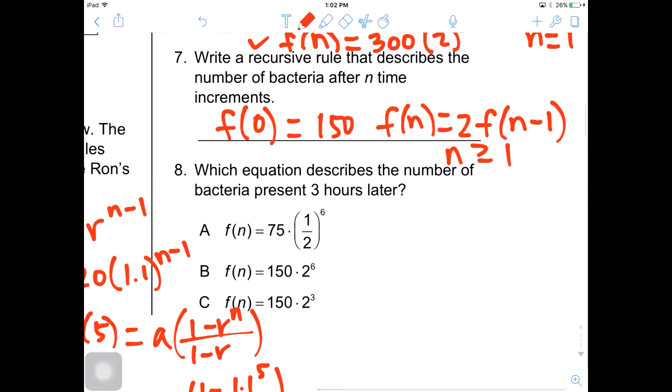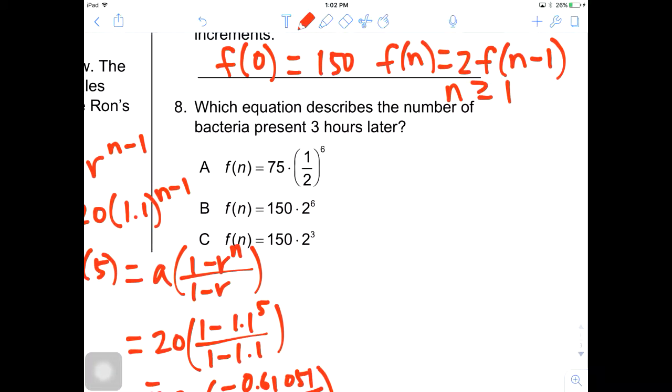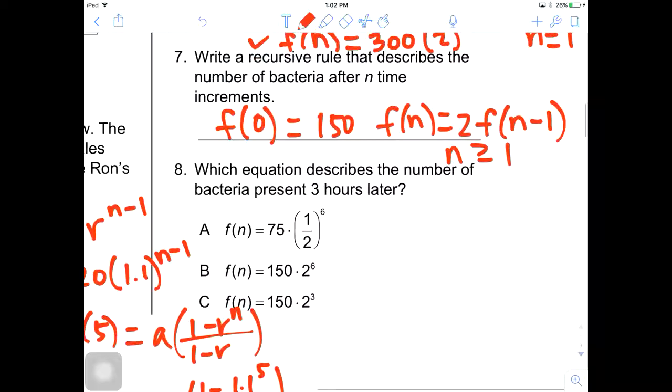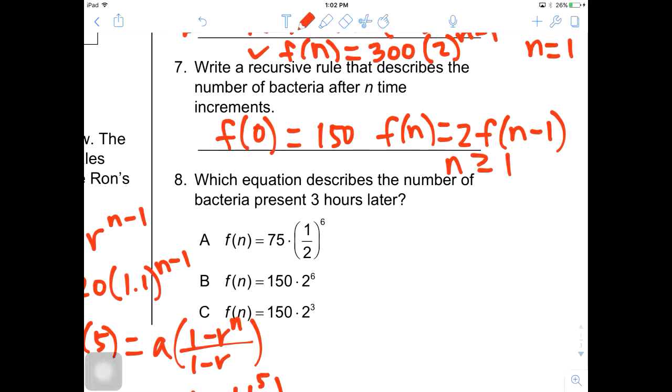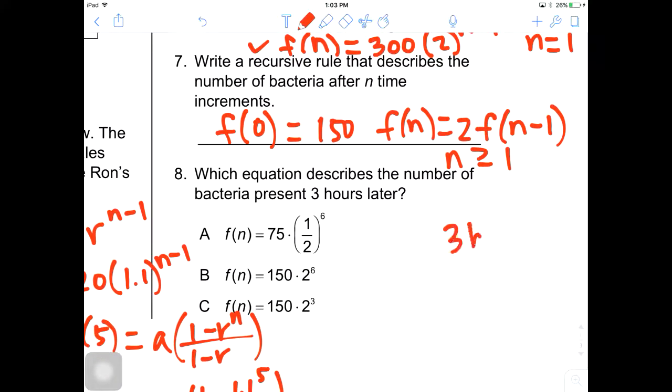Number 8, which equation describes the number of bacteria present 3 hours later? So every 30 minutes it divides, right? So in 3 hours, okay, there are how many 30-minute blocks?